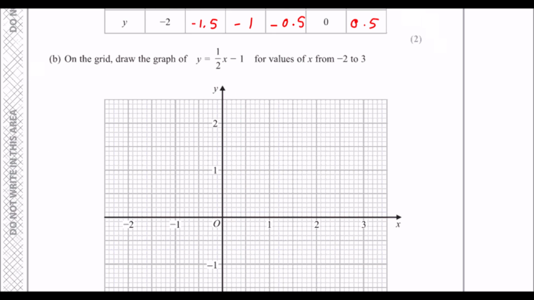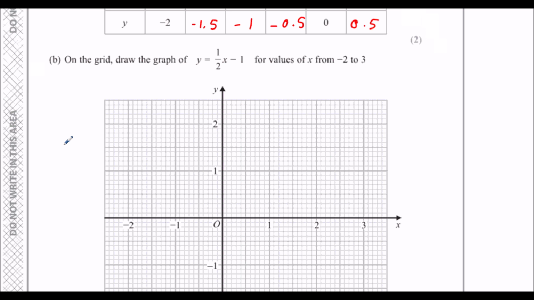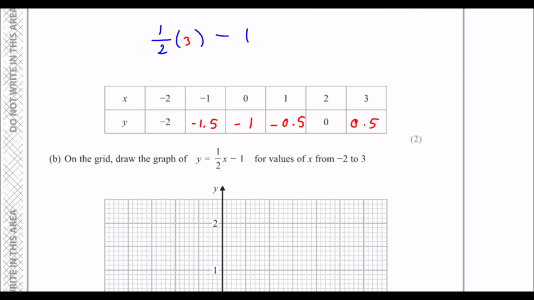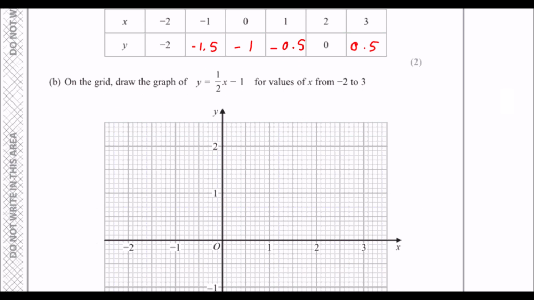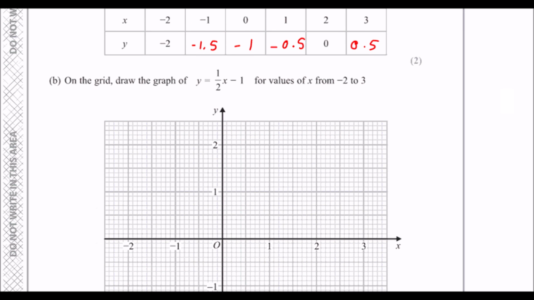Part B, on the grid, draw the graph, and it is for the same line, y equals half x minus 1. So we're plotting these points onto the grid.